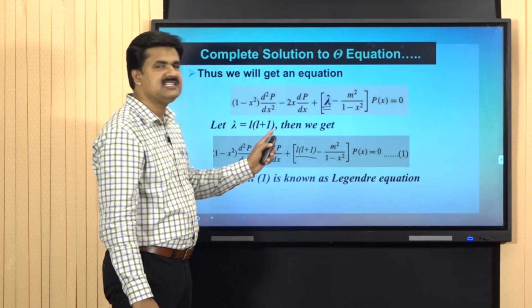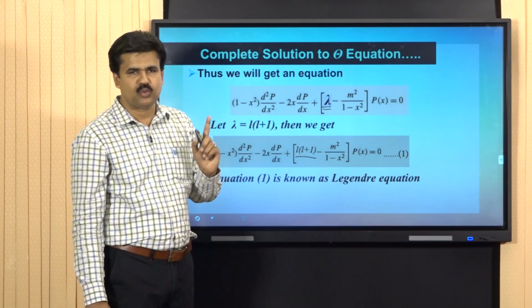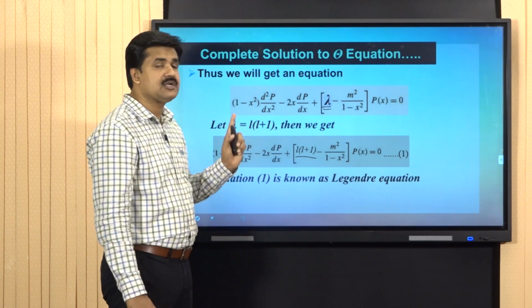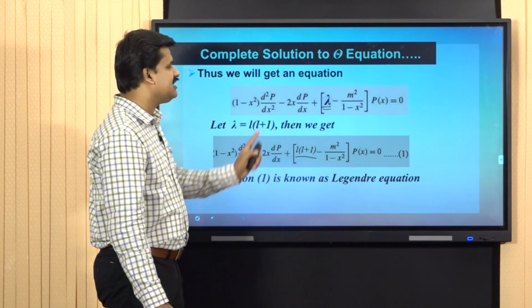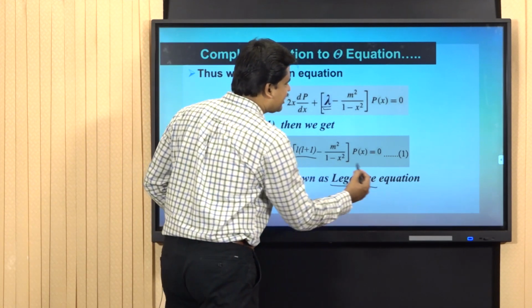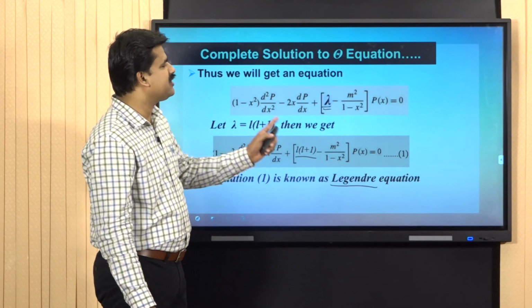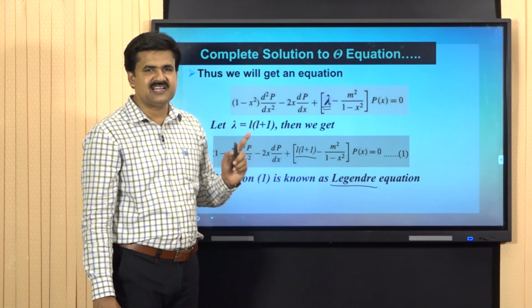I mark this equation as equation number 1, and this equation 1 is very important, and this is known as the so-called Legendre equation. So equation 1 is called the Legendre equation.